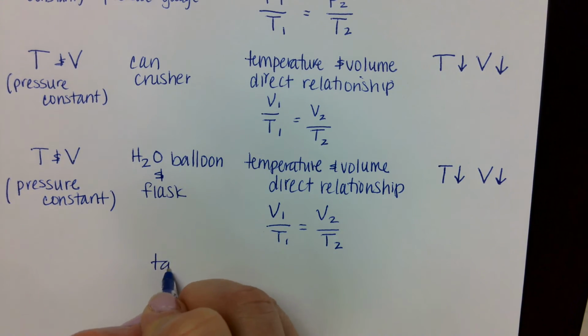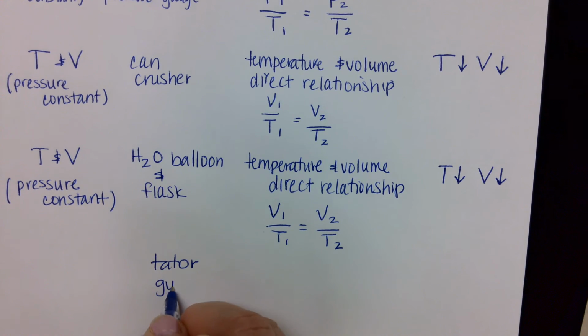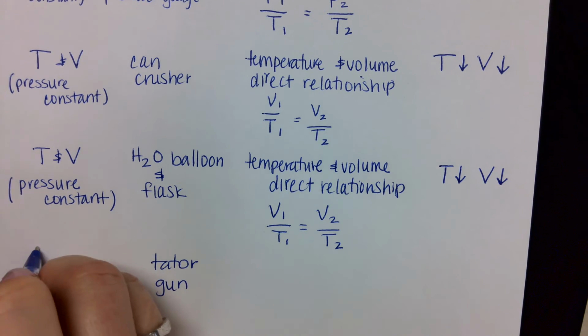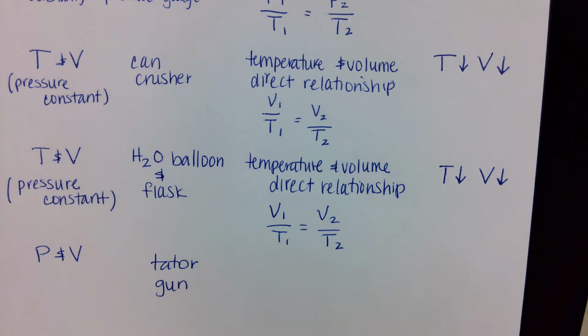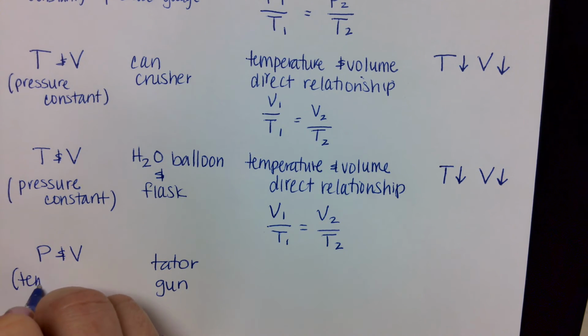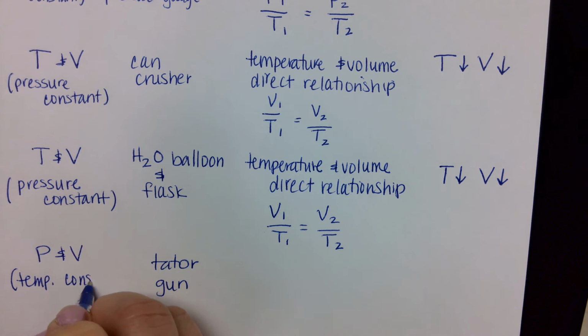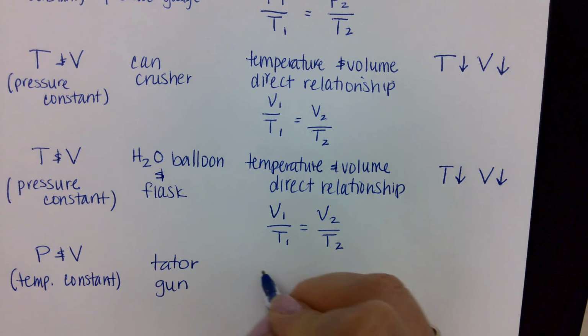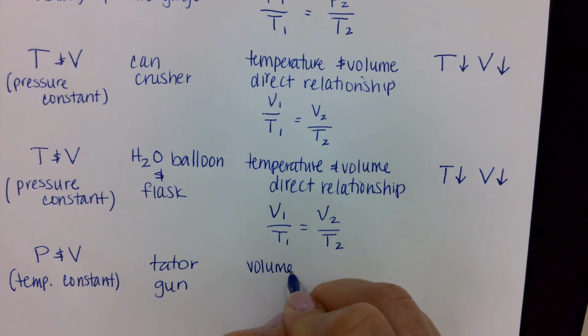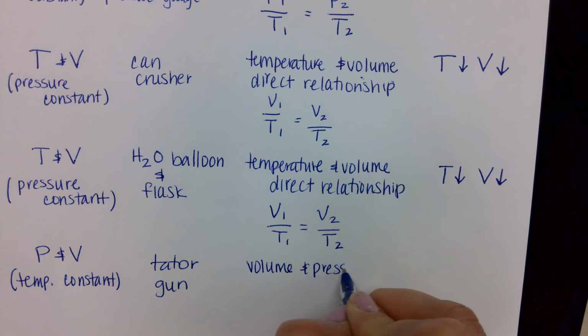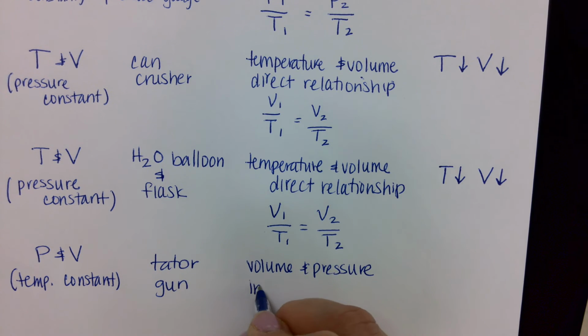Then we did the tater gun. I did this as a demonstration, potato gun, and pressure and volume were the two variables, and temperature was constant. So I'm going to rewrite those words, volume and pressure. And this is an indirect relationship.